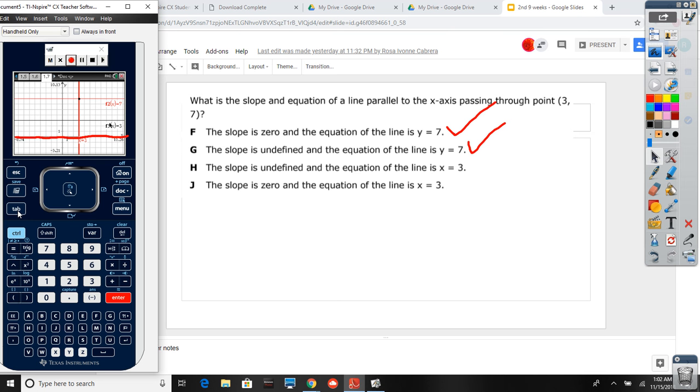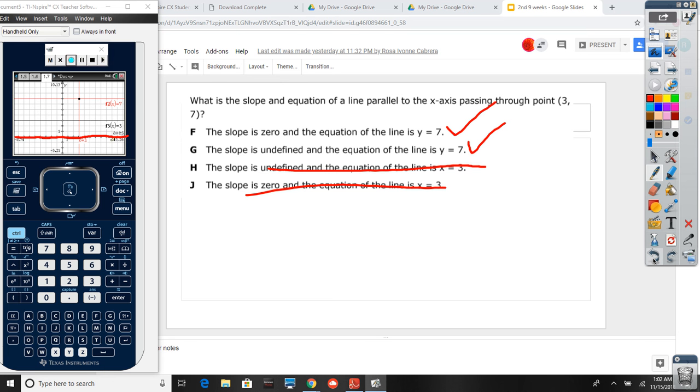Okay, notice that it goes through the point that we chose, but it is not parallel. It's actually perpendicular. It's crossing my line, right? So then these down here don't work because they are perpendicular.